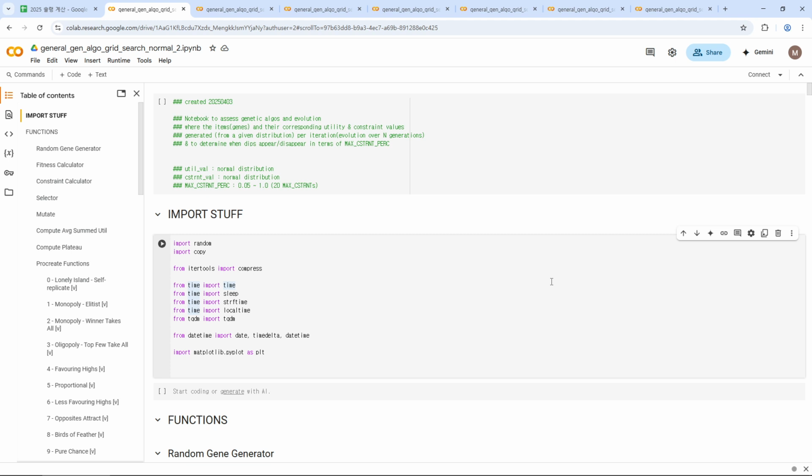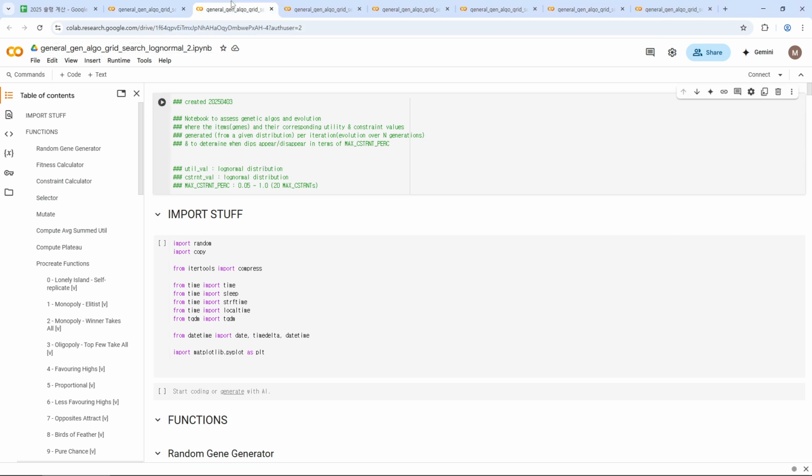And today I will be covering again 7 notebooks: General Genetic Algorithm Grid Search Normal 2, General Genetic Algorithm Grid Search Log Normal 2, and Uniform, Exponential, von Mises, Pareto, and Weibull.